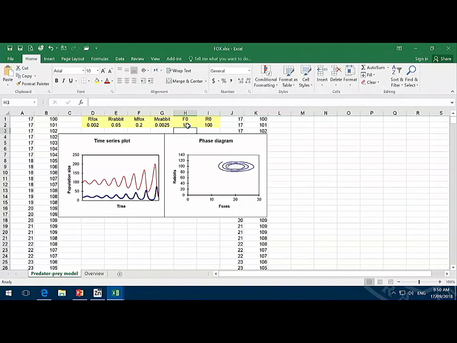Okay, so we've made a more stable system. We're still spiralling out of control, but we started with a more balanced system, and it took longer for it to start spiralling out of control. So let's just drop the rabbits a little bit.